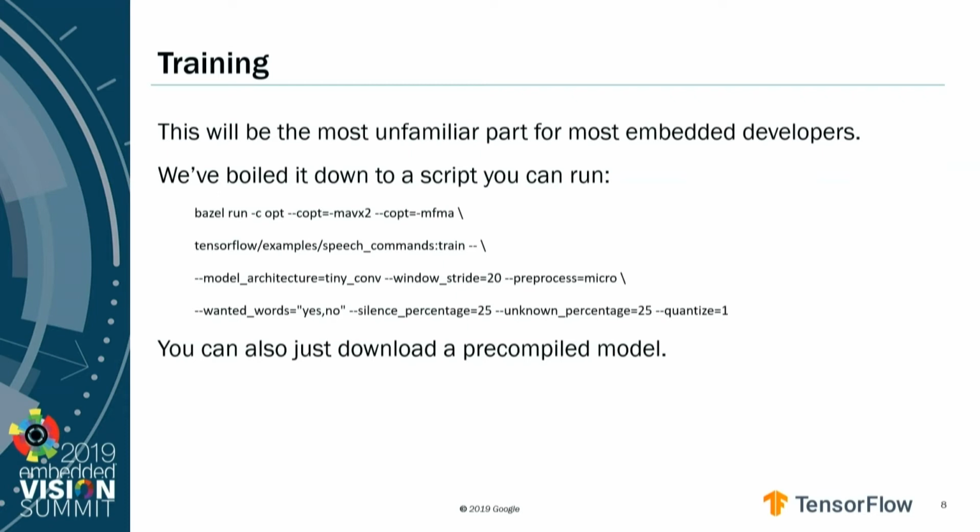And we also spend a lot of time trying to put together examples where you can do things like transfer learning, which is a way of taking pre-trained models and just retraining the very final layer, which reduces the amount of work you have to do training.